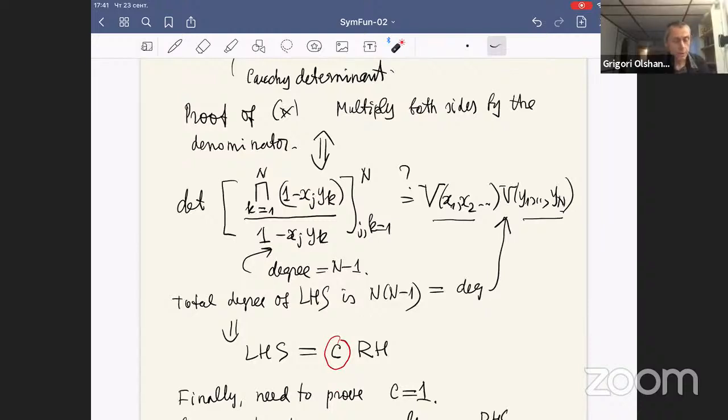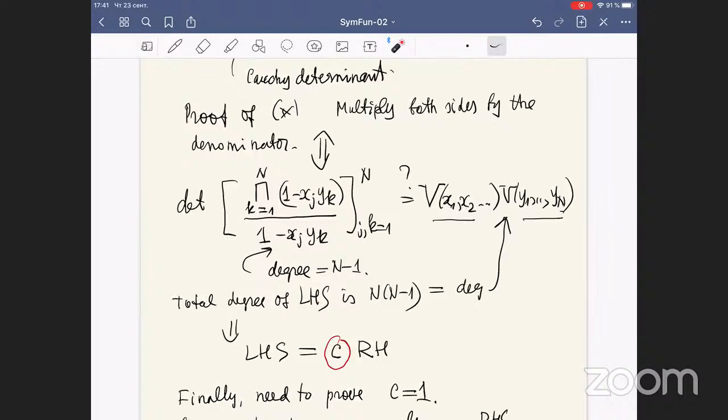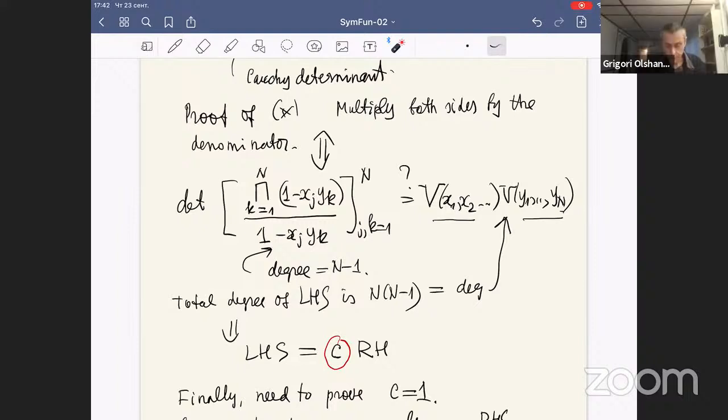I don't understand. Excuse me. The product label is from j, k to n? You write k equals 1 to n. We have the same index in determinants, k.